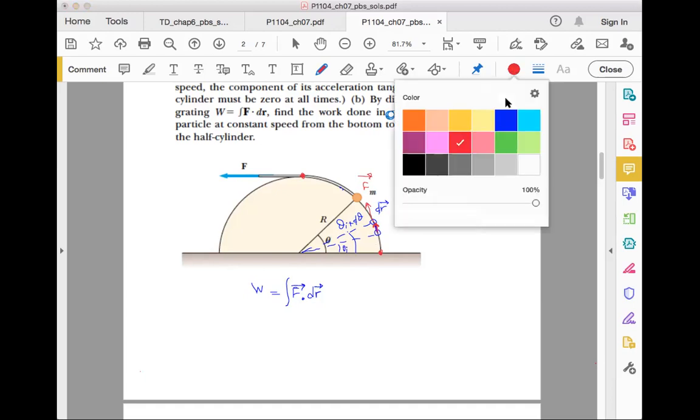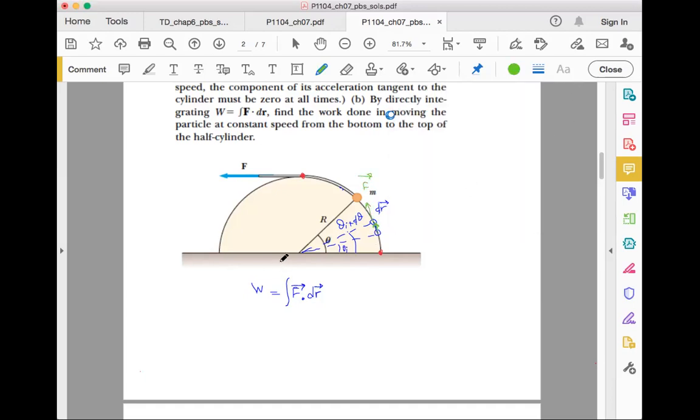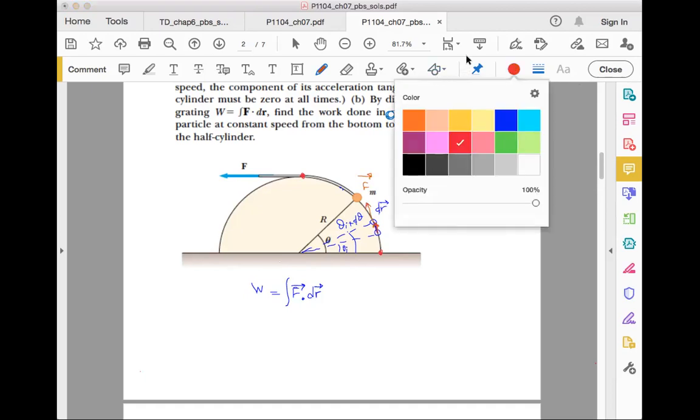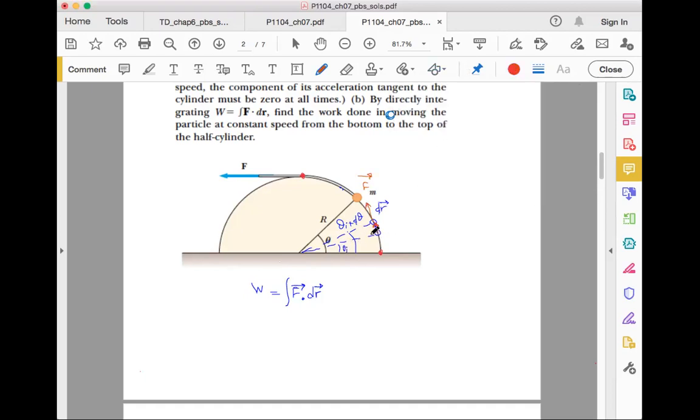And if we take the x and y axis that we have taken earlier, we have taken this to be our x-axis, and this to be our y-axis, right? So you can see that both F and dr are along the y-axis, which is tangent to the half circle.